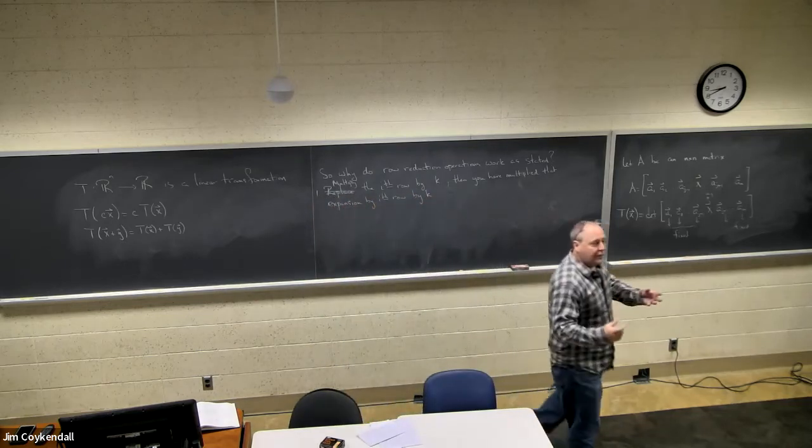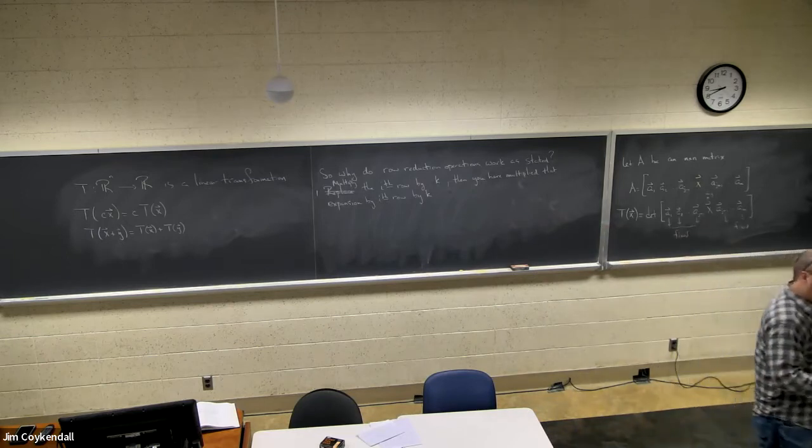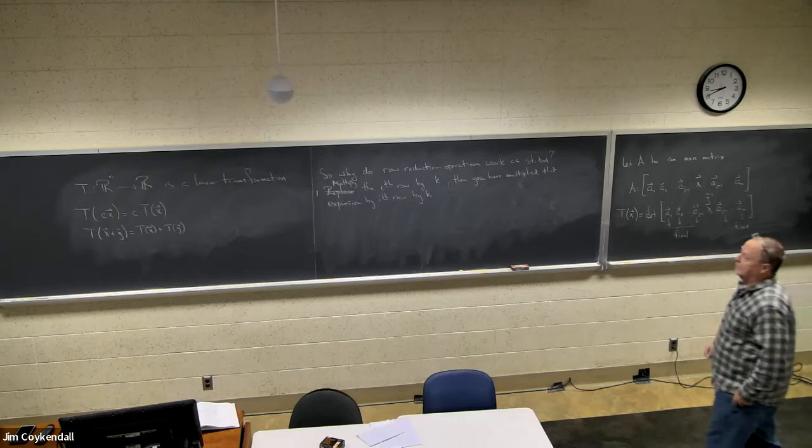If you look at the cofactor expansion along the ith row, when you've got a k multiplying everything, you can pull that k out and it just multiplies the whole thing.